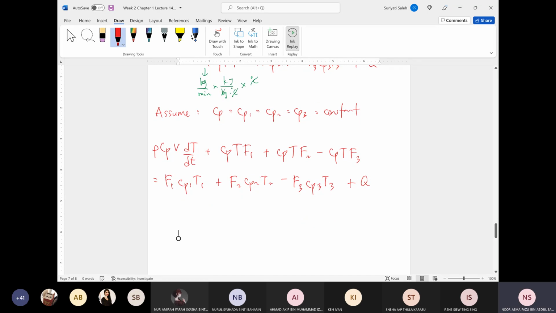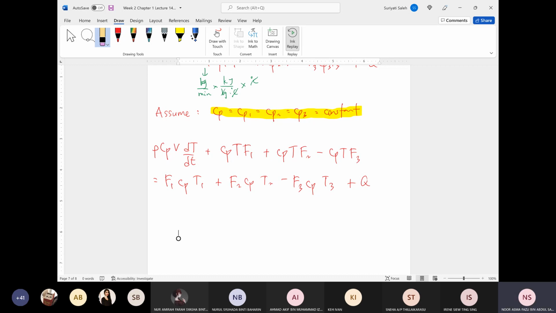So here, based on the current arrangement, you have the CP, and you have CP1, CP2, CP3. So this is the importance of the assumption. If we assume CP equal to CP1 equal to CP2 equal to CP3 equal to constant, then we no longer have the labeling here. When we don't have the numbering of the CP, your equation becomes much simpler.